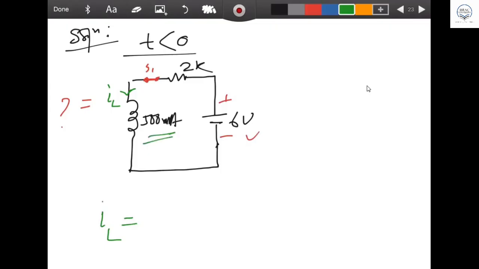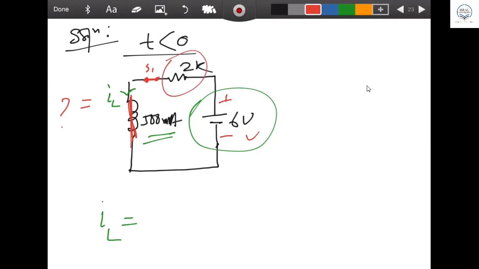Right. For a long time, when you apply the DC source, as I told you, the inductor will be short circuited. If DC is applied for a long time, as T tends to infinity, it is short circuited. Then the inductor is shorted, and only the 2K is the element in the circuit with the 6 volt voltage source.